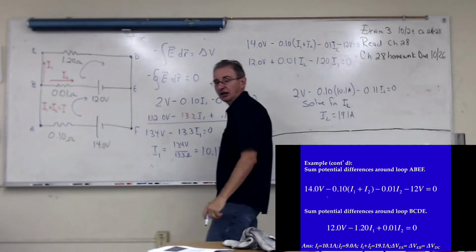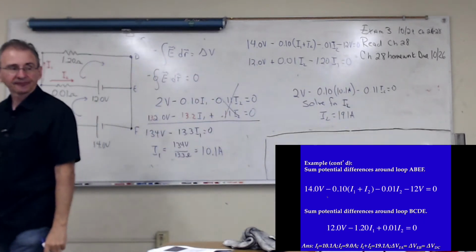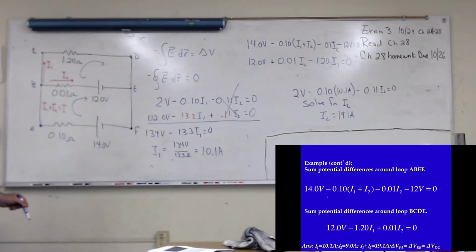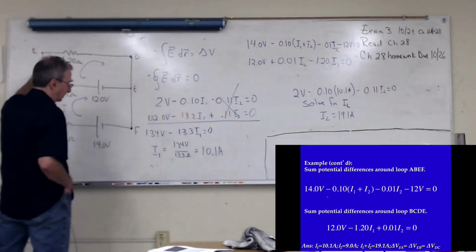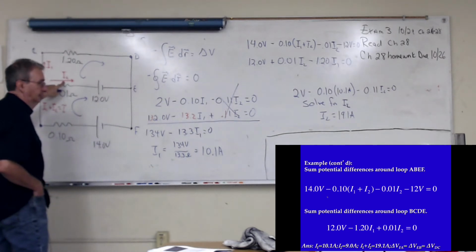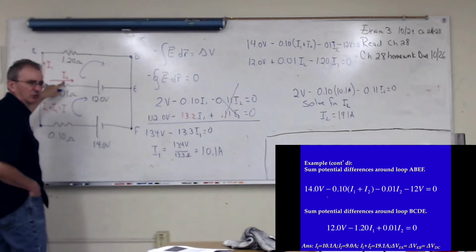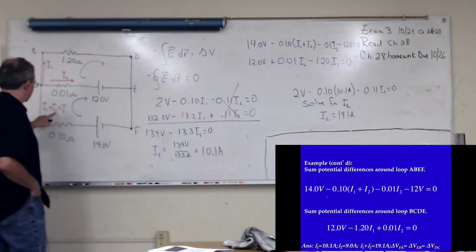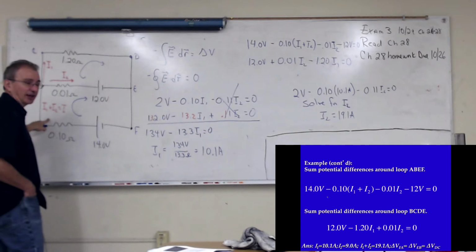You can do that on your calculator. So this is 10.1. This is 19.1. And so the total current through here is over 30 amps. Okay, it's the sum of the two.